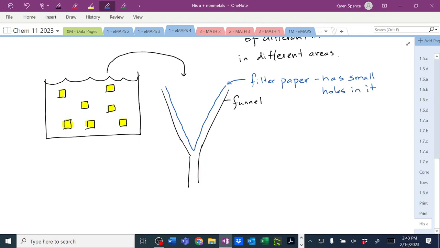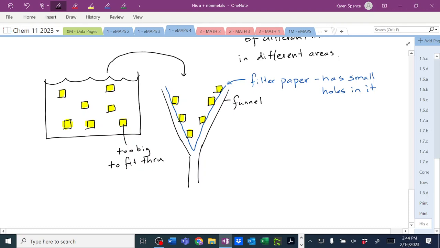So the little mini crystal lattices get stuck on the filter paper because they are too big to fit through the holes in the filter paper.